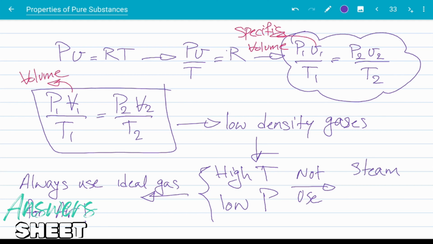We are going to talk about refrigerants and refrigeration cycles later, but a refrigerant basically goes through different phase changes in a cycle in your refrigerator. So it is a very good bet not to use the ideal gas equation when dealing with that as well. One of the most famous refrigerants is R134A. So for steam, water, refrigerants, things like that, never use the ideal gas.